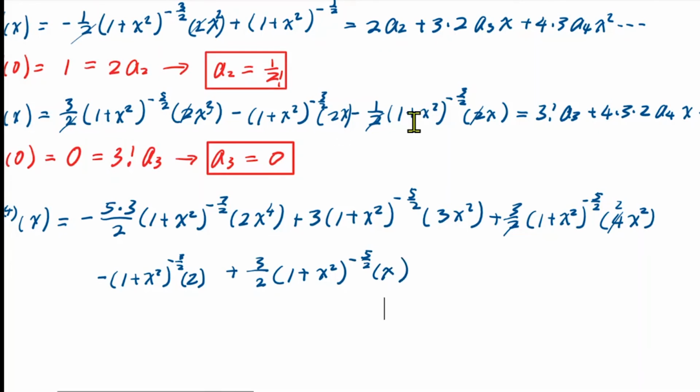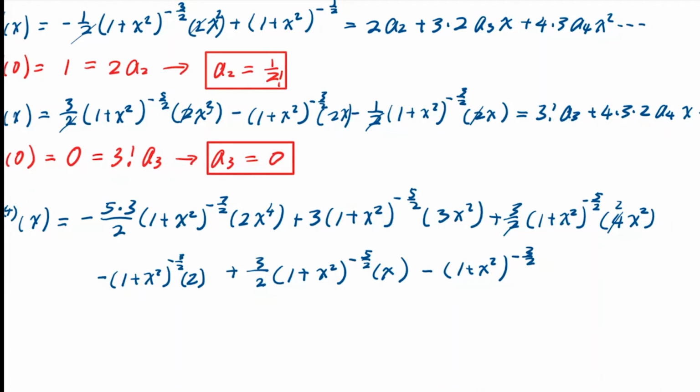Good. U prime v, and then u v prime part. So we have minus 1 plus x squared to the negative 3 over 2, and then x. So this is it. Good.